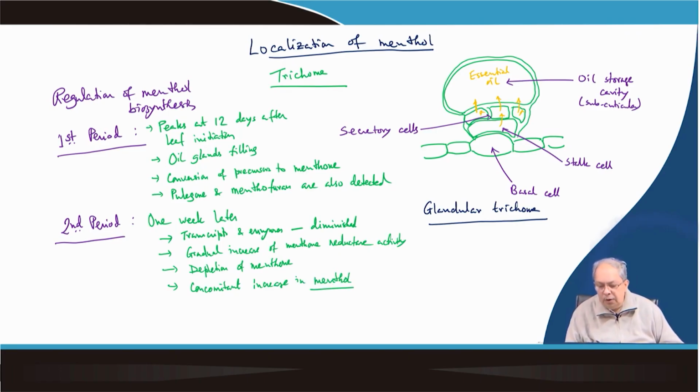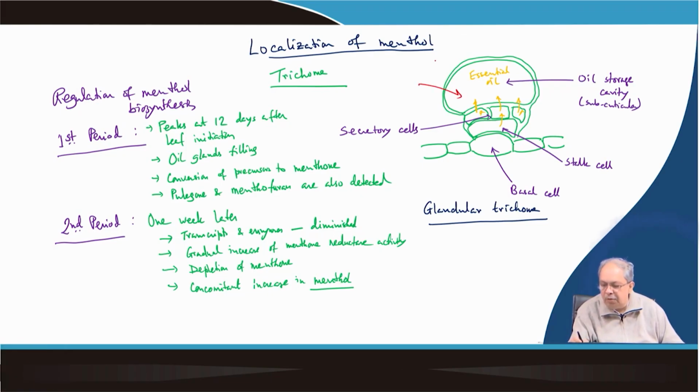Okay. So, the leaf surface contains glandular trichomes, and when you touch the leaf of this Mentha species, by touching you are breaking down the glandular trichomes, and if you smell your hand you will get the aroma, because you are basically breaking down this subcuticular oil storage cavity, which is very delicate, and that is this one.